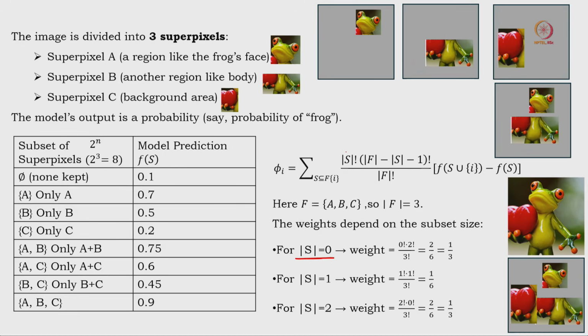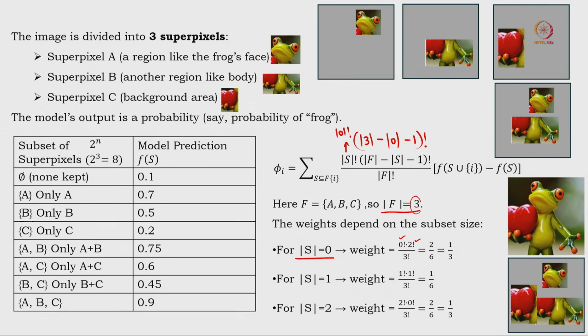So this term is 0 factorial. Then F, we know, is 3, so we substitute 3 minus 0 minus 1. 3 minus 0 is 3 and 3 minus 1 is 2, so it is 2 factorial. The first term is 0 factorial, 2 factorial, whole divided by the cardinality of F. What is the cardinality of F?